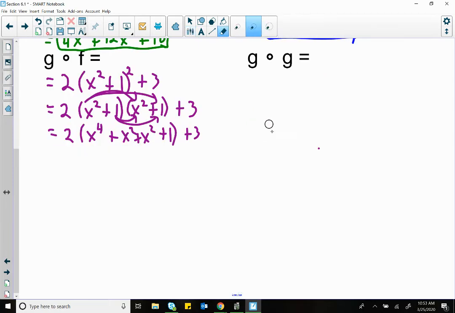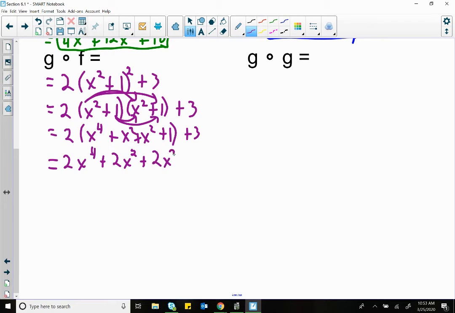And now we need to distribute that 2 through. That will give you 2x to the fourth plus 2x squared plus 2x squared plus 2 plus 3.